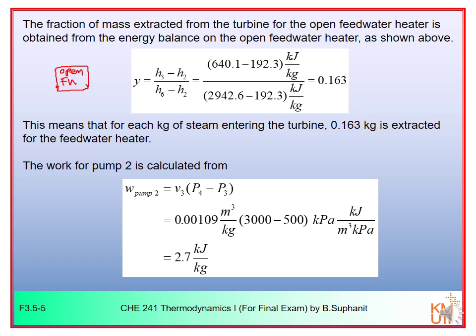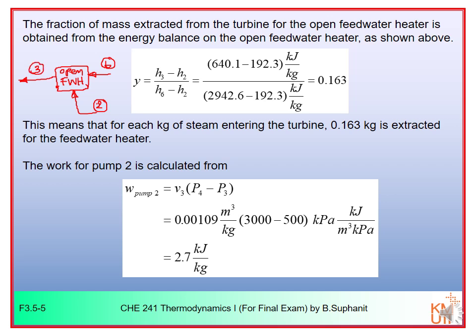You have the steam that you extract from the turbine at number 6. You have to mix it with liquid from the first pump, which is number 2, and you will get number 3 here.